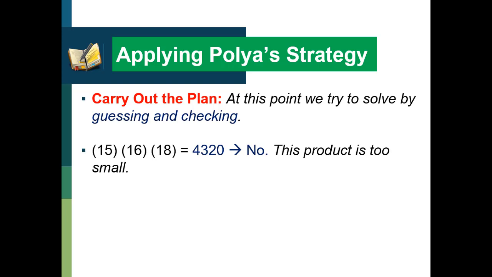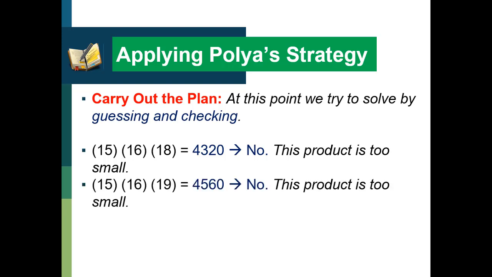We have a first guess. Since we know that 15 is one of the numbers, and at least one of the numbers must be an even number, then we'll try 16 and 18. But that gives you 4,320. But this product is too small. So let's try to increase 16 and 18.